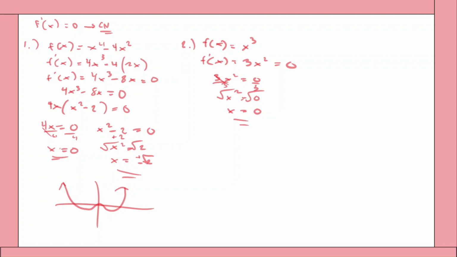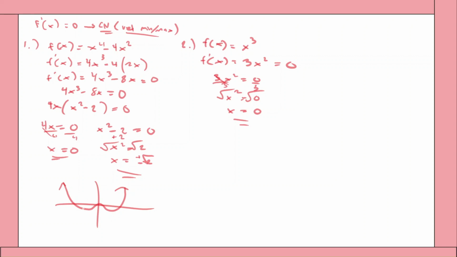And what the critical numbers are going to tell you, they're going to tell you the dips and hills, basically the mins and maxes relative to the graph. So critical numbers will give you what are called relative mins and maxes in some cases if you want to find that. And you'll learn more about that later on.